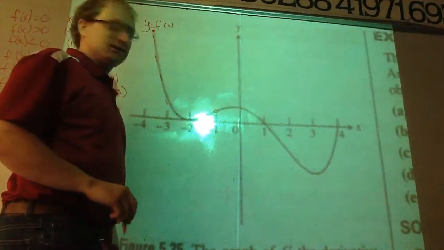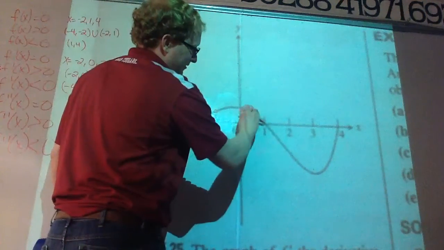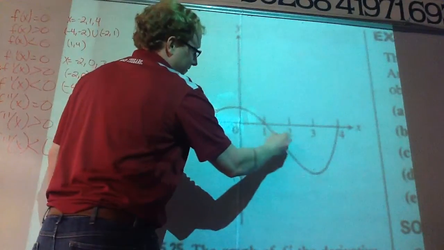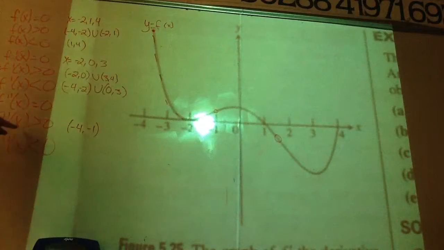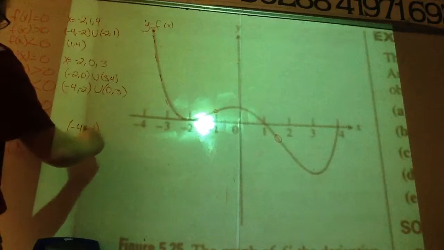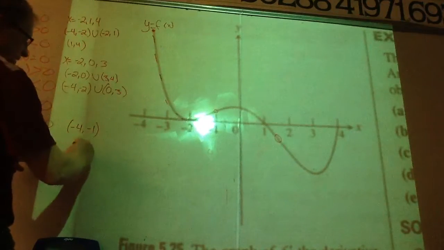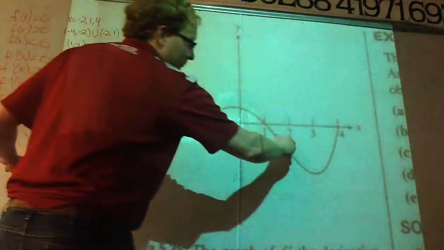And then somewhere around here they're going to start getting bigger again, so probably somewhere in here, 1.5. It's going to change again. So this one would be like negative 4 to negative 1. The slopes are getting smaller from negative 1 to whatever, and then now they're getting bigger again, aren't they?